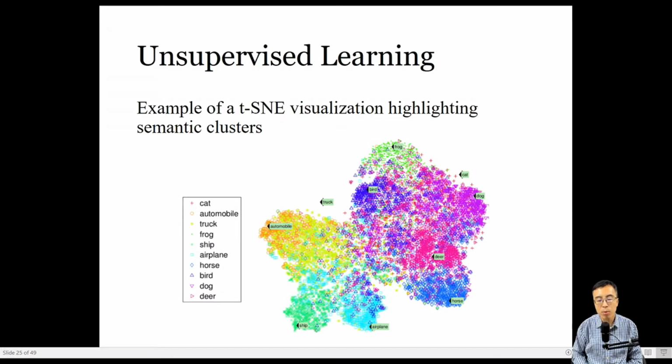And then the output is a 2-dimensional visualization, basically showcasing the distributions of those image representations in a 2-dimensional space.